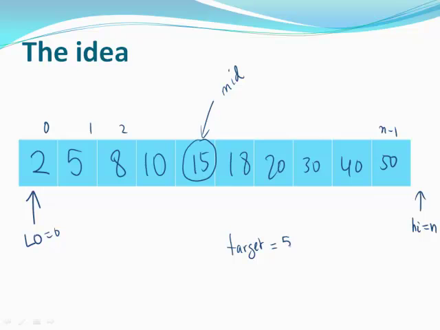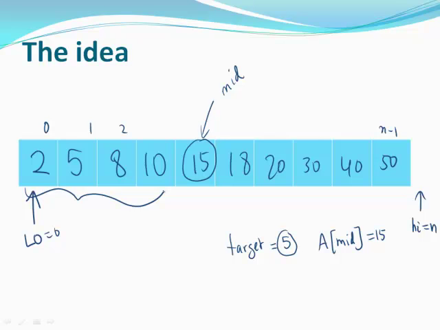For example, if the target is 5, we compare the target to A of mid, if you call the array A. Since the target is less than A of mid, which is 15 in this case, we're going to focus on searching in that part of the array.